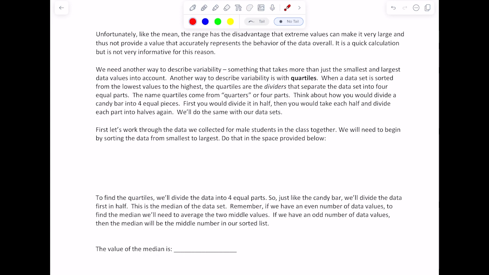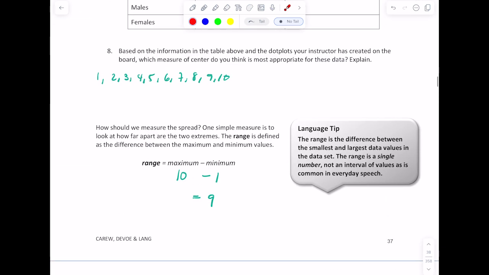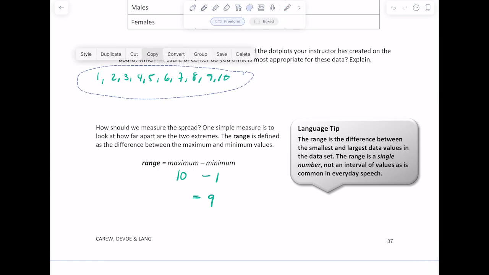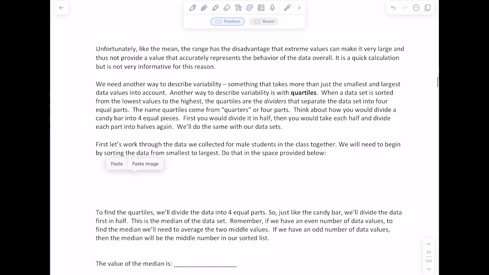So what we need to do to find quartiles, we're going to take the values that we have and line them up or rank them. So I'm just going to copy and paste this. Okay, so there's my values. If I want to find the quartiles, I'm going to look for 5 things.